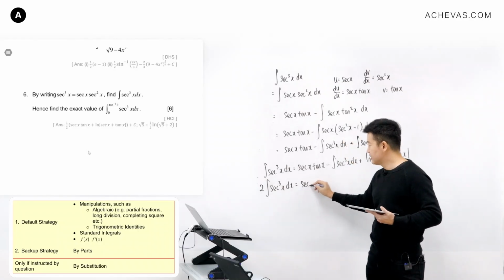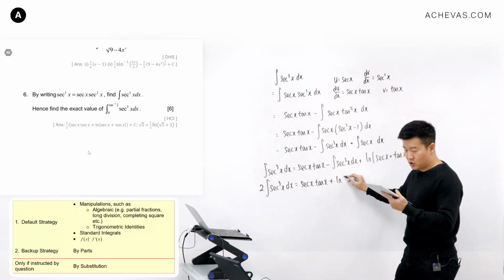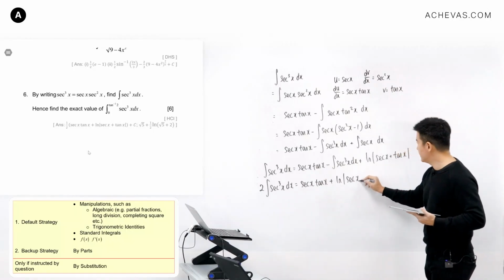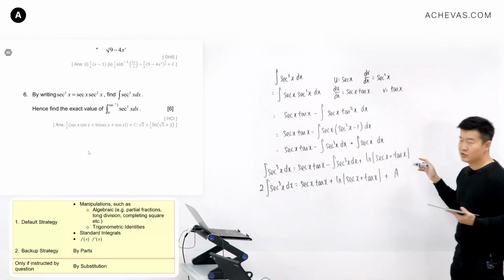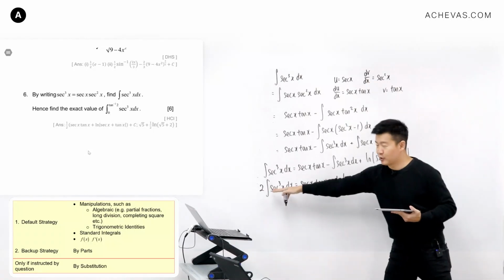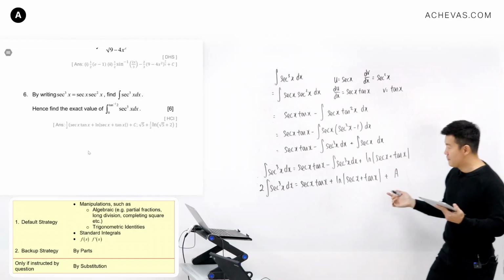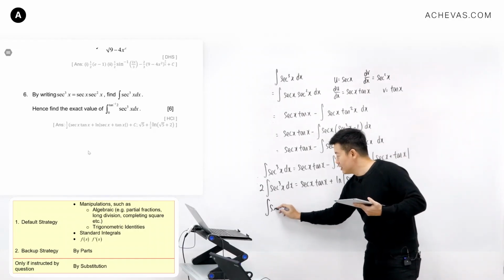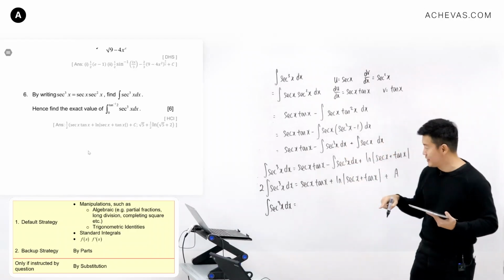And this is secant x tangent x plus ln of modulus of secant x plus tangent x plus, I'm going to just go for an a first because I know I'm going to be dividing this across to the other side, then I'll replace that whole thing by c. So now it is going to be secant cube x. I can add a full stop to my statement already.